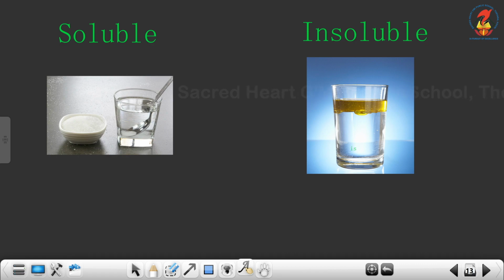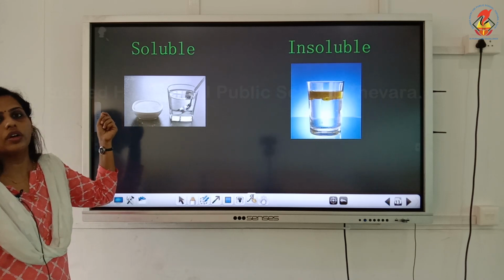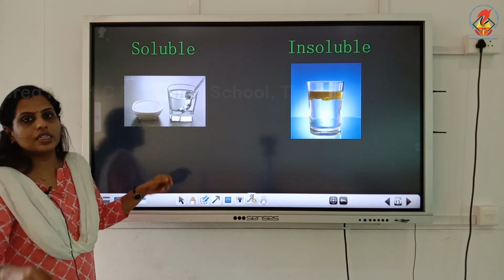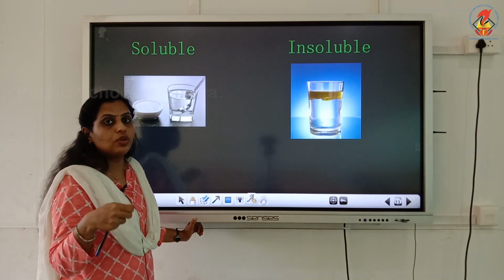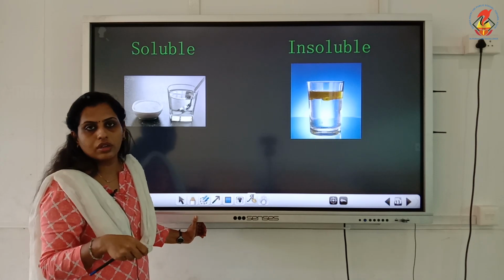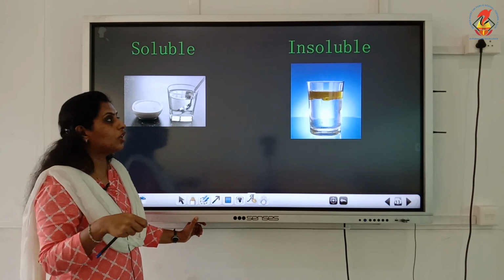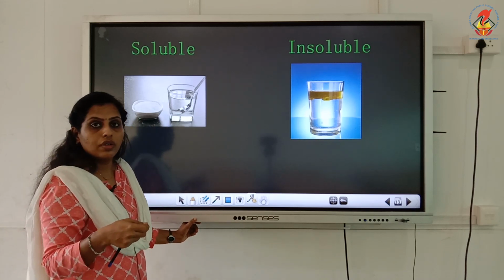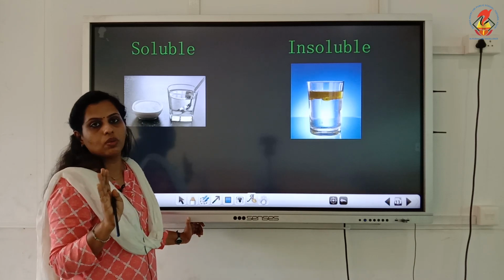If you take a bowl of water and put a spoon of sugar inside and start stirring it, what will happen? You can see that the sugar is getting mixed with the water, right? We cannot see the sugar anymore. It already got dissolved in the water.